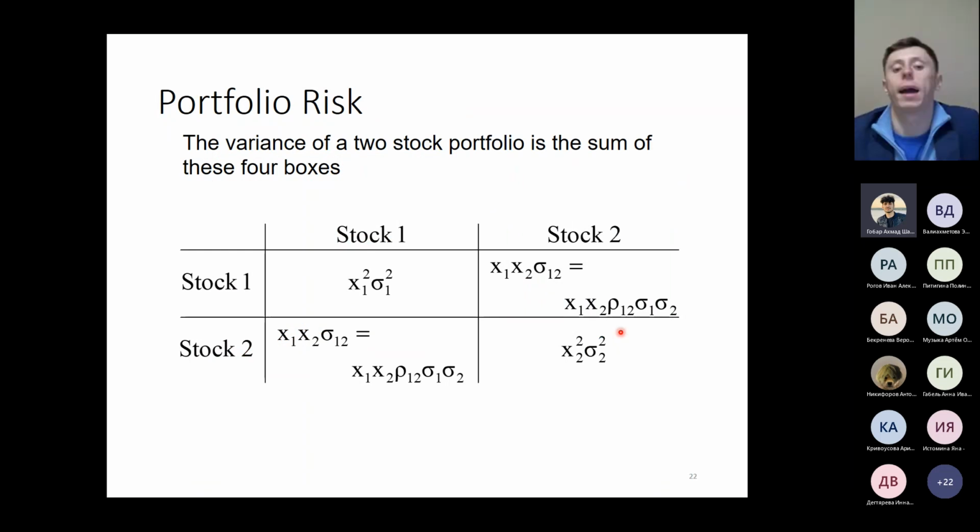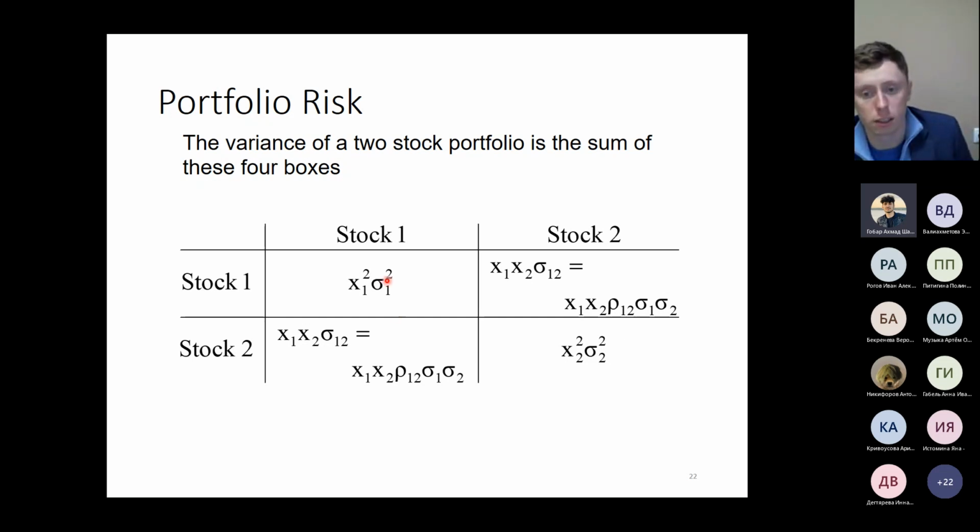How do we estimate the variance? We remember that knowing the variance, we can easily estimate the standard deviation. How do we estimate the variance of a portfolio of two stocks? There is a table structure that we work with in order to do this. There are multiple factors that are involved.